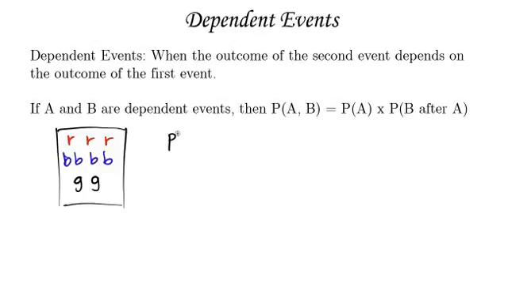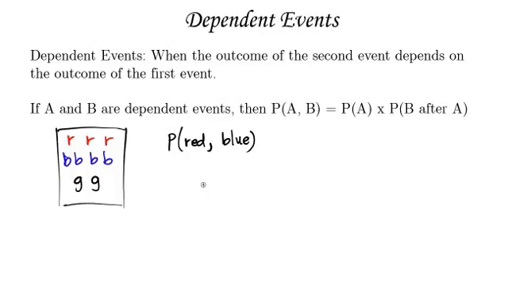I want to find the probability of picking a red, and then my second event will be picking a blue. But the difference is, after we pick the first marble, the red, we're not going to put the marble back in the bag. We're going to take it out and leave it out.